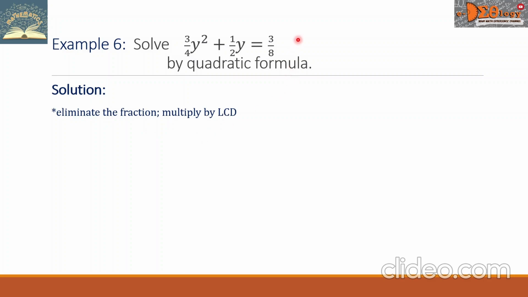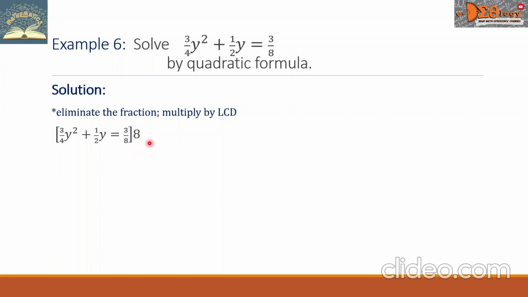Let us multiply this equation by the LCD. I hope you still remember how to get the LCD. Consider the denominators 4, 2, and 8. In here, the LCD is 8. So, we multiply this equation by the LCD, which is 8.